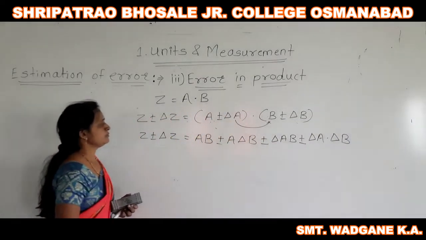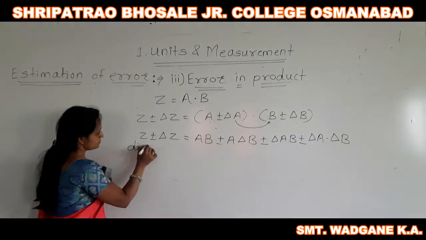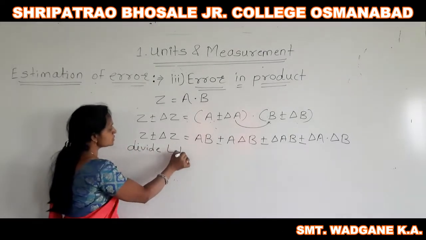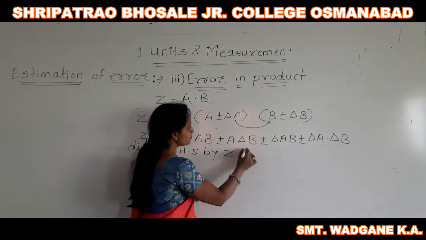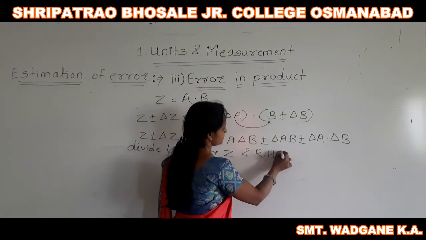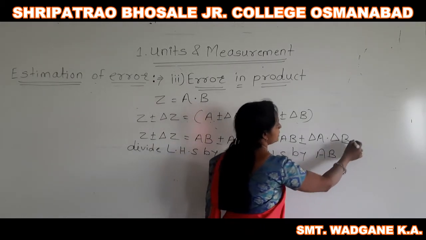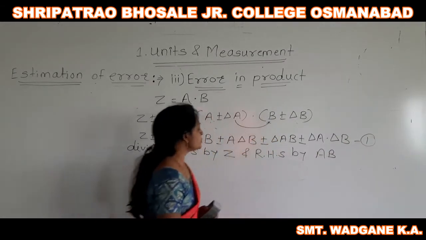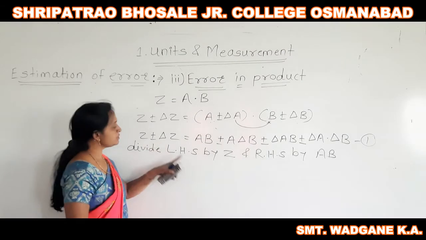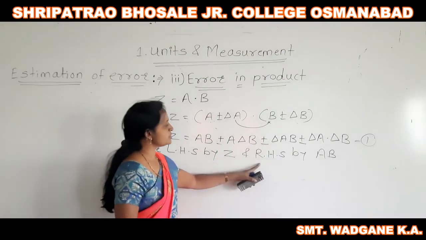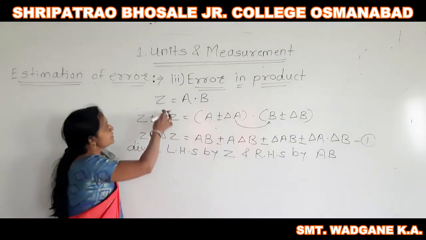After that you can divide LHS by Z and RHS by AB. Let us divide this equation, LHS by Z, and RHS you can divide by AB, because Z is equal to AB.